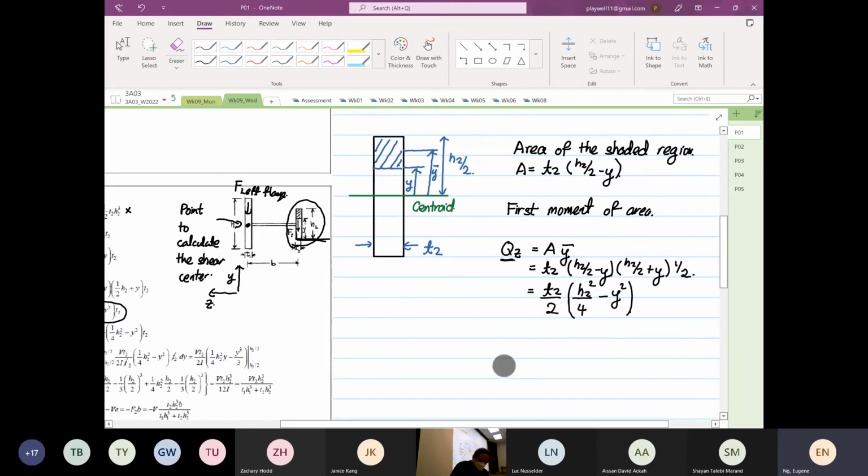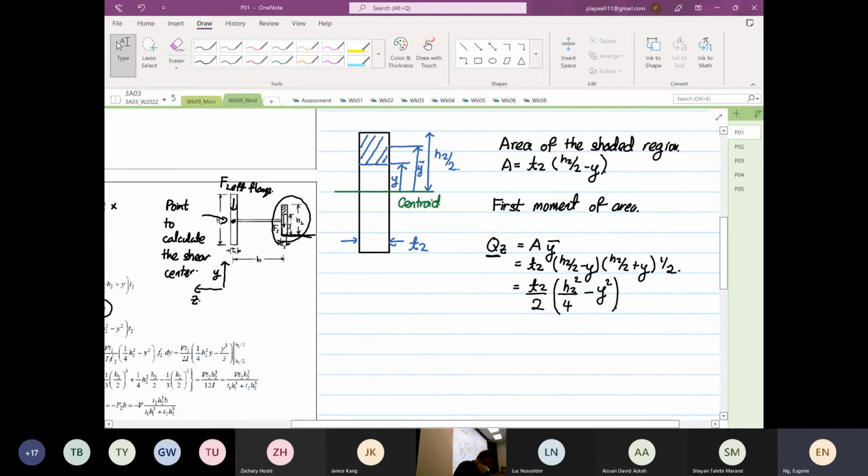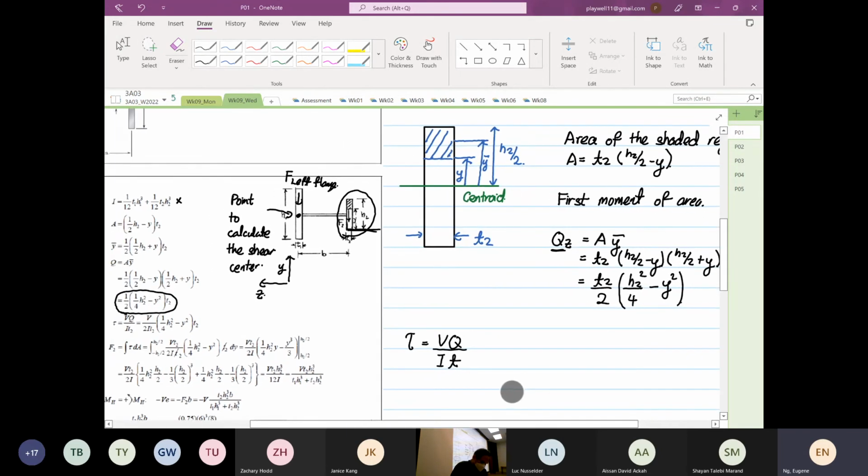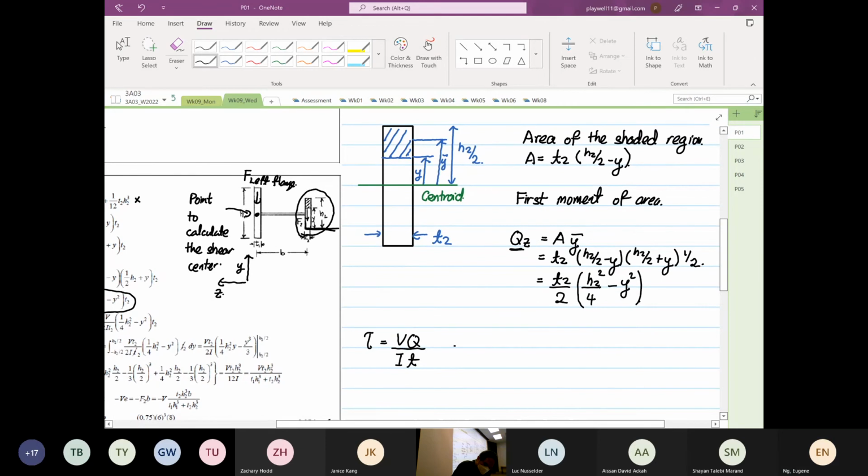So next, we want to determine the shear stress. Okay? So shear stress is equal to VQ over It. V and I are constant, t we just need to know, right? So when we substitute into that, we have V over I. Now the t becomes t2, right?